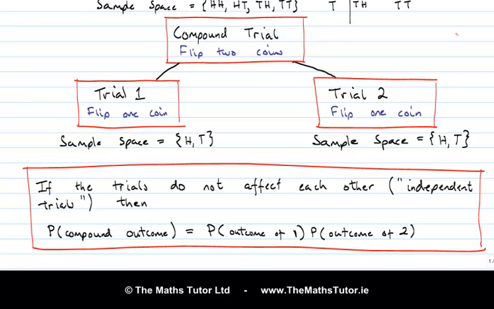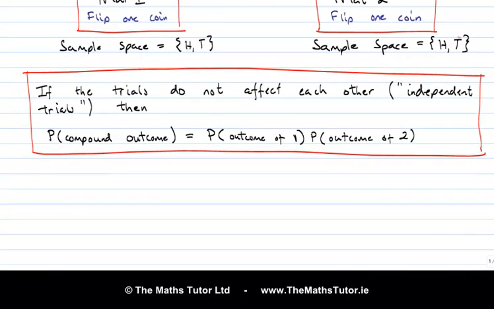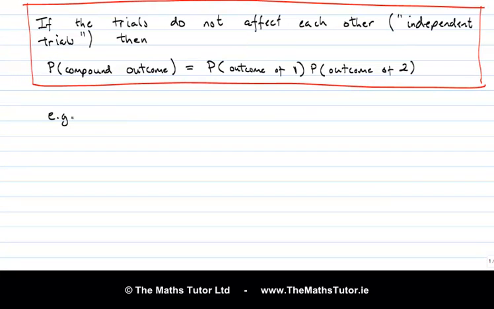Okay, let's apply this fact in the example above, that is the example of flipping two coins. So let's say that we wanted to calculate the probability that both coin flips result in a head. So we're looking for the probability of head, head.